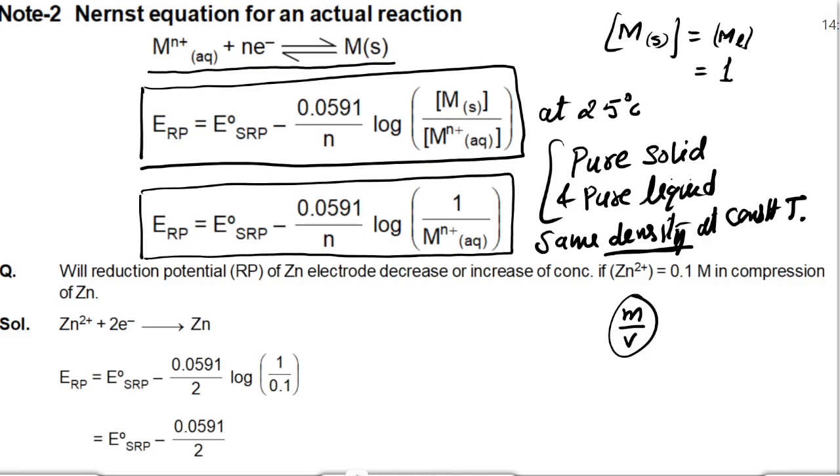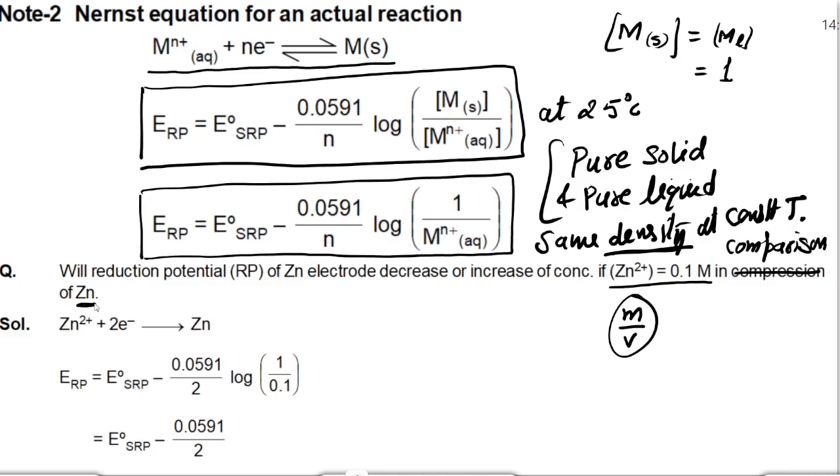Now next is the question: will the reduction potential of the zinc electrode decrease or increase with concentration? With standard, what happens if Zn2+ is 0.1 molar?